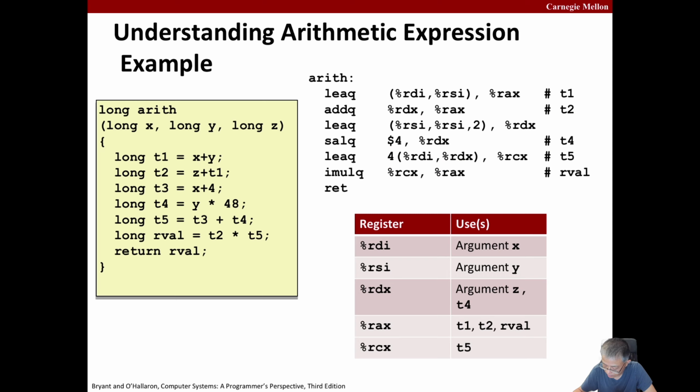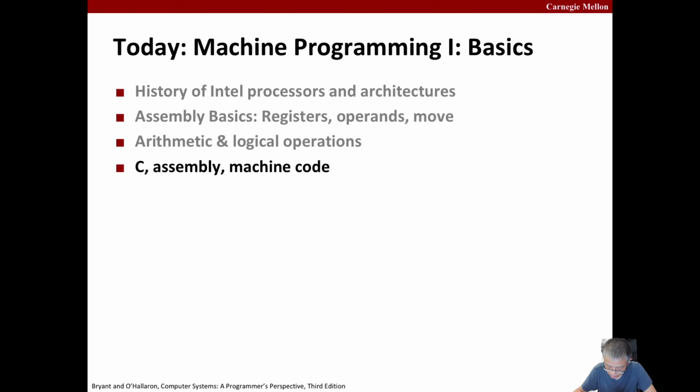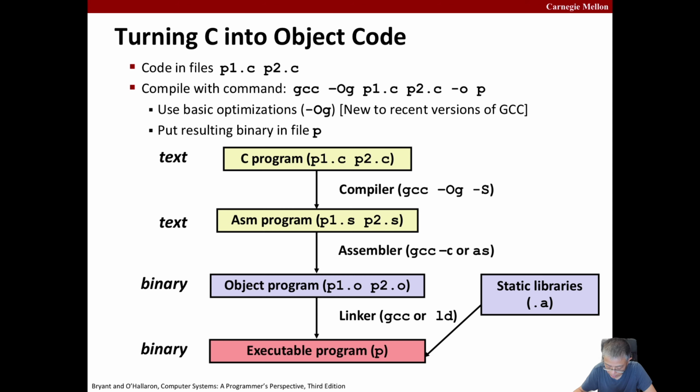Okay, we have covered this. So here are the steps to turn C into object code. You have the C program, then you do the compiler. You compile it with, say, GCC, then you will assemble it.